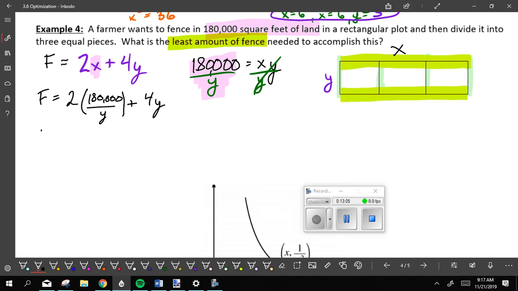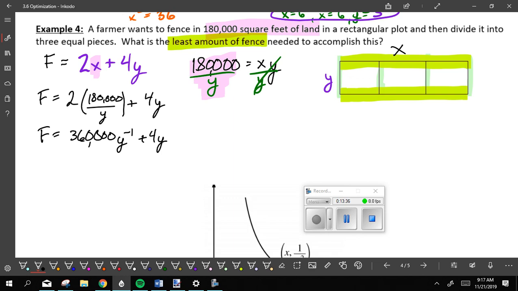F is equal to 360,000 Y over Y. I'm going to write it as Y to the negative 1 because we're getting ready to take a derivative and we don't really like fractions. Same thing, Y to the negative 1. Don't let that be weird to you. Plus 4Y. I just multiplied that 2 there. That's my fencing equation.